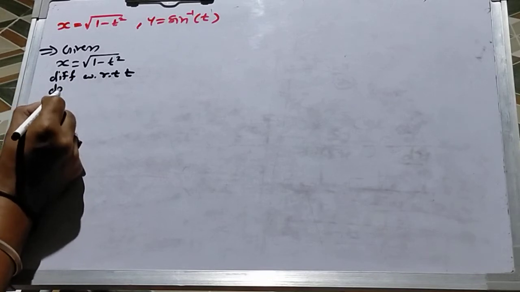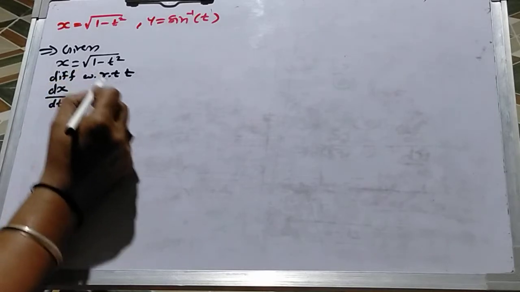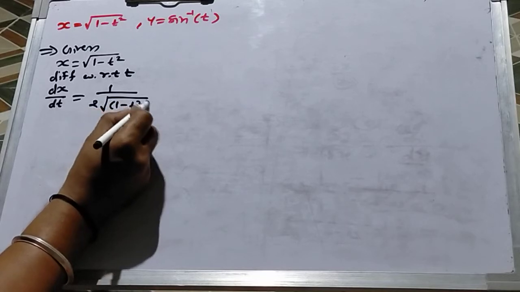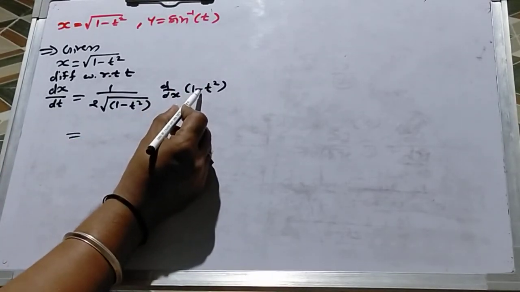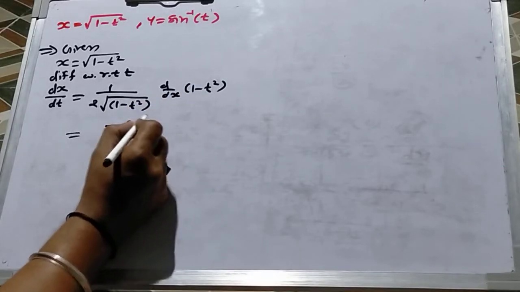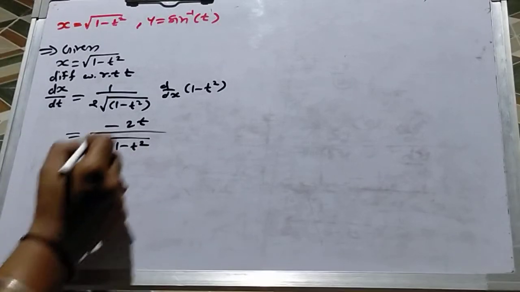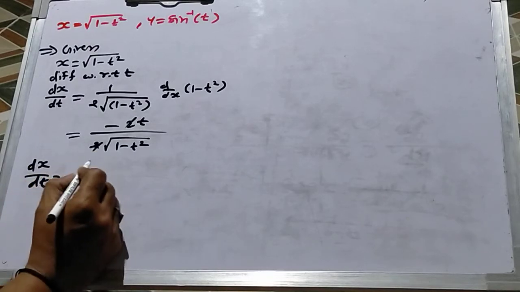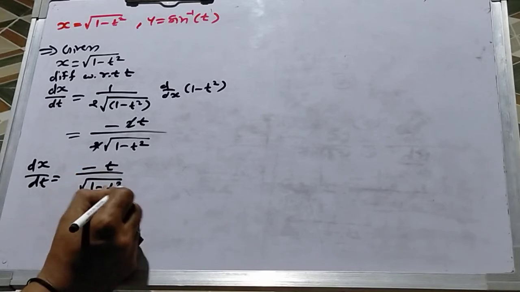So the derivative of x with respect to t, dx by dt, is equal to the derivative of root, meaning 1 divided by 2 root, here the quantity is 1 minus t square, into the derivative of 1 minus t square. So here the derivative of 1 is 0 minus the derivative of t square, which is twice t, divided by 2 root of 1 minus t square. Here the 2 gets cancelled. So dx by dt is equal to minus t divided by root of 1 minus t square, called 1.